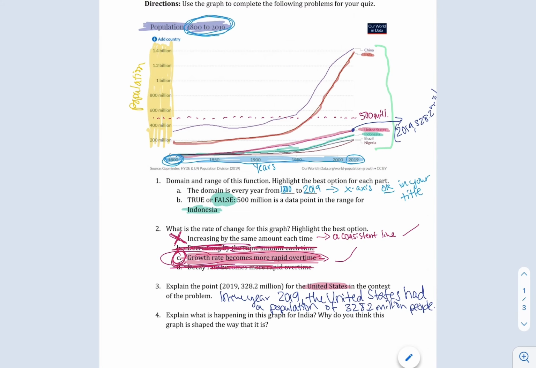So this is going to be the graph for India. And remember, we are focusing on that red line that I highlighted earlier. The graph for India is increasing or growing at an extreme rate.